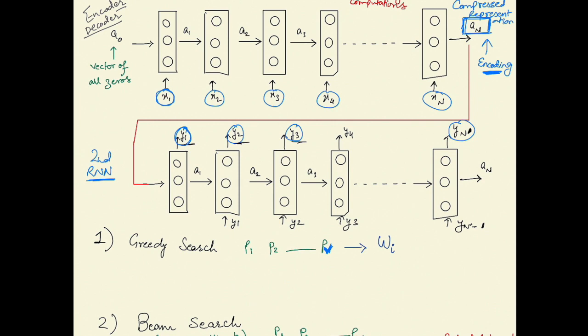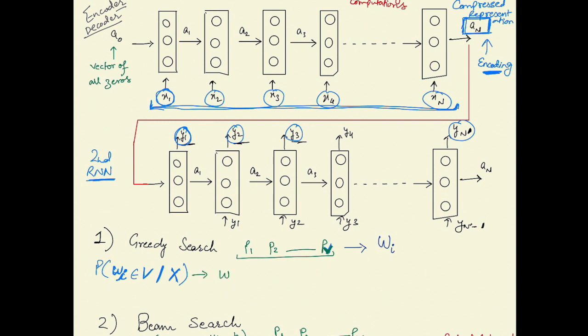Greedy search calculates the probability of each word wi in the vocabulary given the input context x, where x is basically x1 to xn, so let's denote x1 to xn by capital X. It calculates the probability of each word given X, let these probabilities be denoted by p1 to pV, and then it picks the word with maximum probability. Let's say that word is wk.